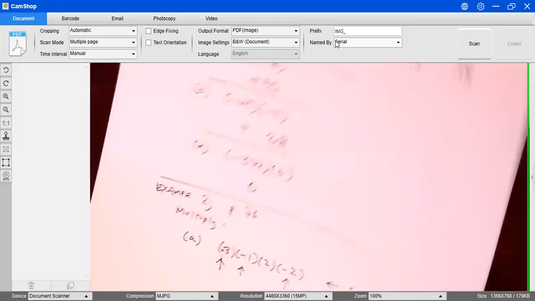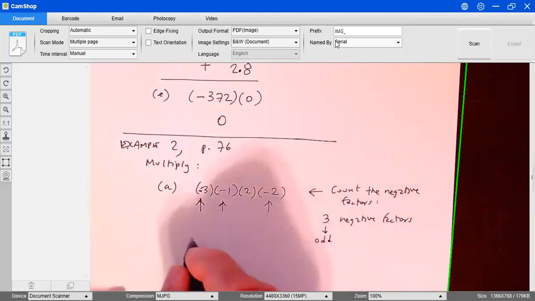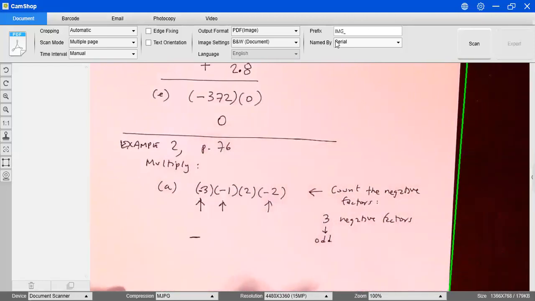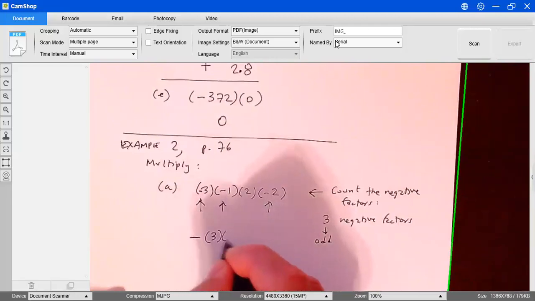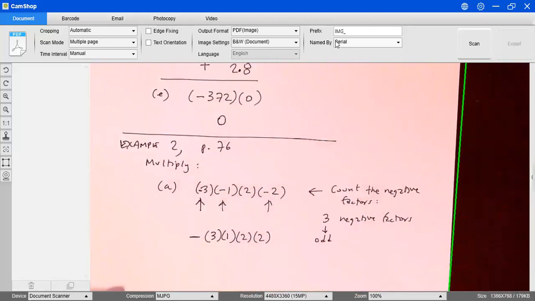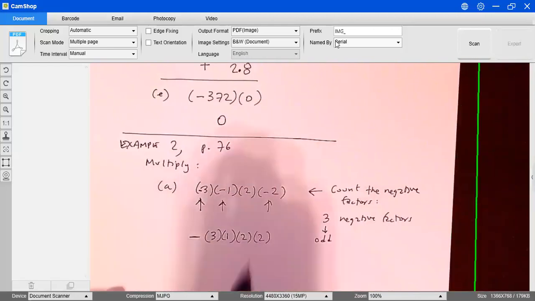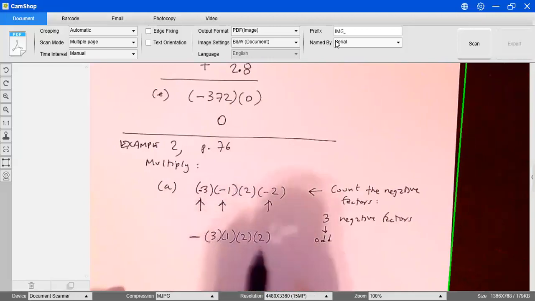So if you check the rule, when you have an odd number of negative factors, the result is going to be negative. So you can write now the negative and use the absolute value of all factors. So you forget about signs because now you have the sign that results for the entire operation. So I'm just writing the absolute value of all those factors.